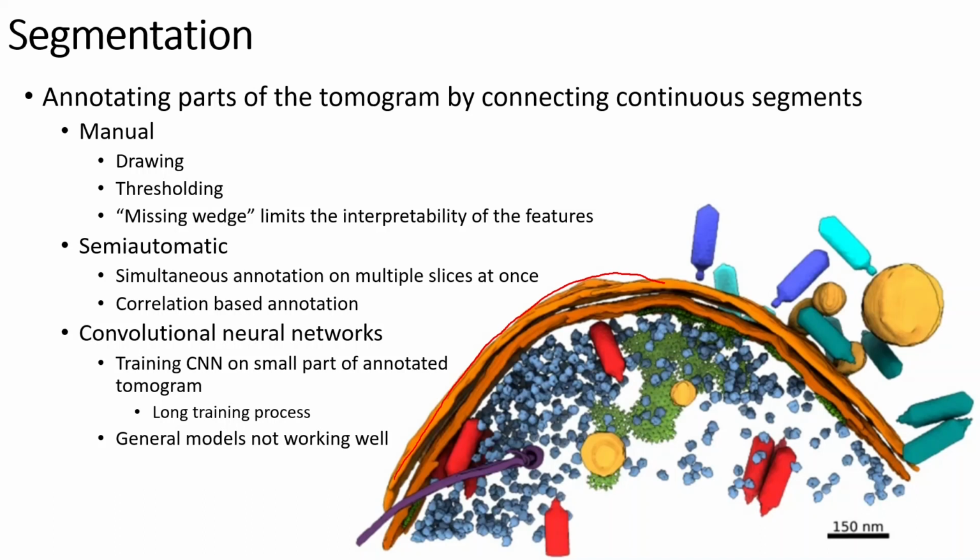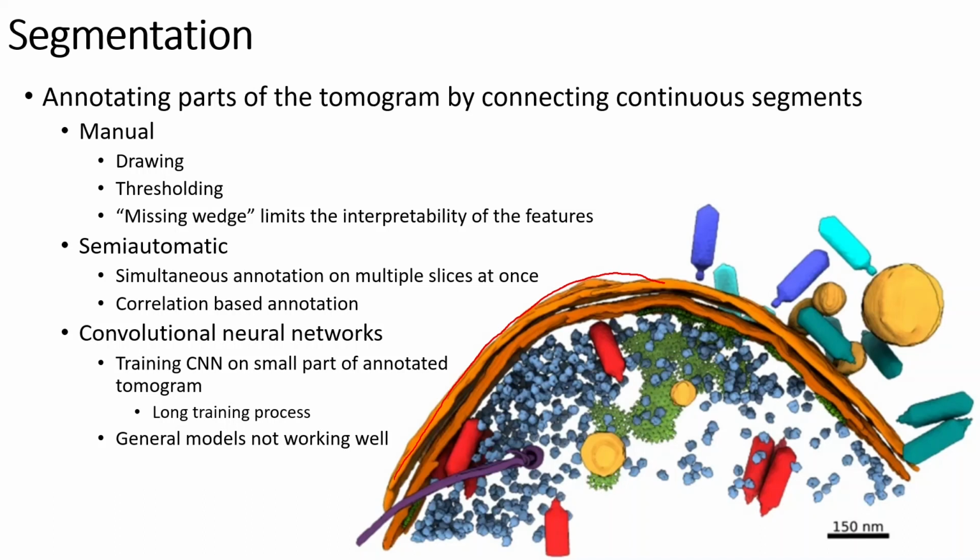This first takes some time to manually annotate. Then it takes a long time to train the neural network, but then it's very fast for the segmentation of the whole tomogram. The problem with it is that nowadays there is still no general model that you would input for the convolutional network, a library of models where we select that we want to find all the ribosomes, the cell walls, or the membranes.